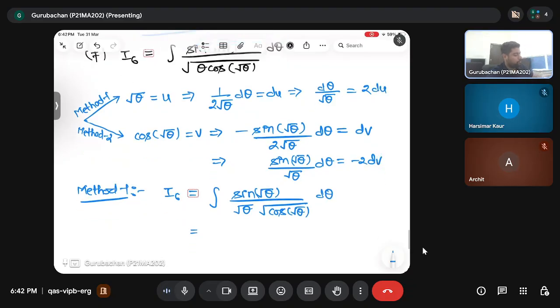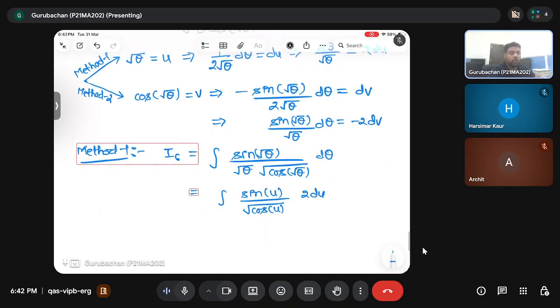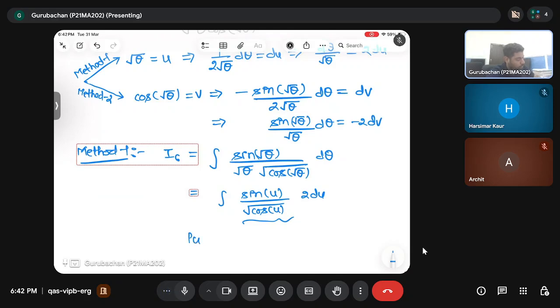So this will be sine u divided by under root cos u, 2 du. Now you will observe that you don't know the integration of under root cos u, so you have to again put cos u as some w.